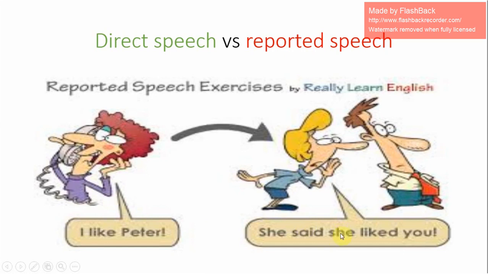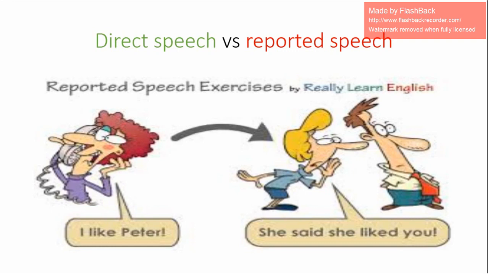She liked, liked. Here the verb to like in simple present, and here the verb like in simple past. So usually the verb tenses also change. So always when we turn sentences from the direct speech to reported speech, we have to change pronouns. I, she, like, liked, and we change also verb tenses.